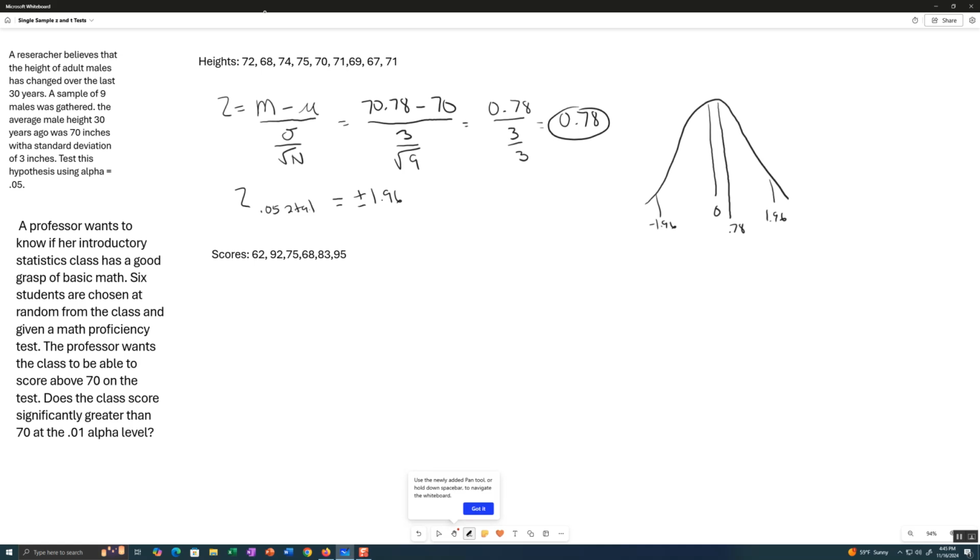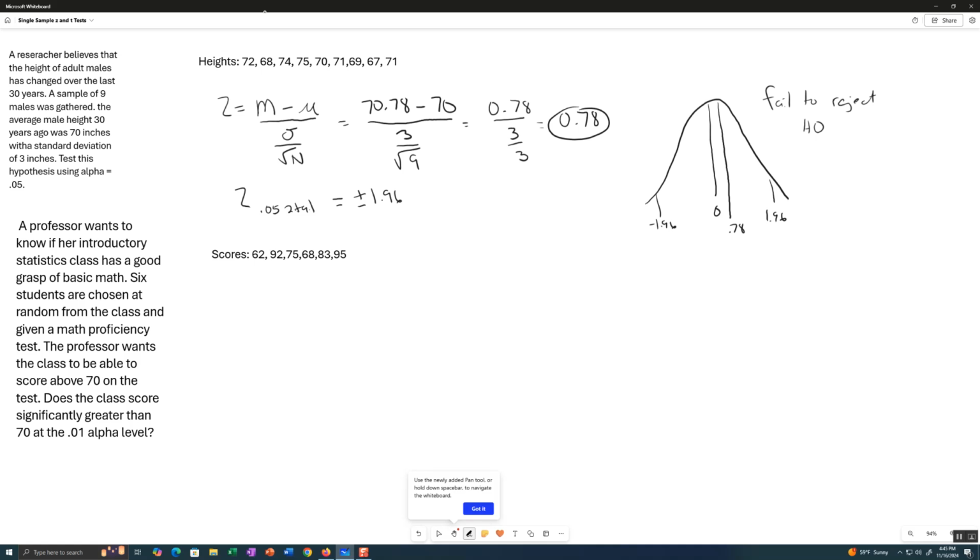Not more extreme than the positive 1.96. Of course, not more extreme than negative 1.96. So here we're going to fail to reject the null. And we're going to conclude that the heights of the current sample is not different than the average height of 30 years ago.